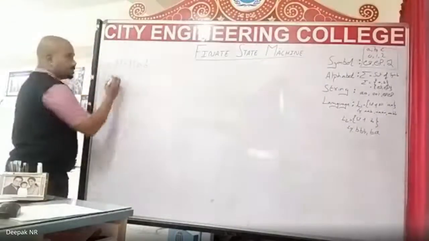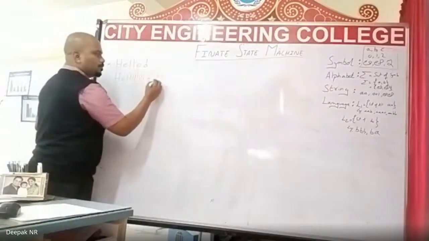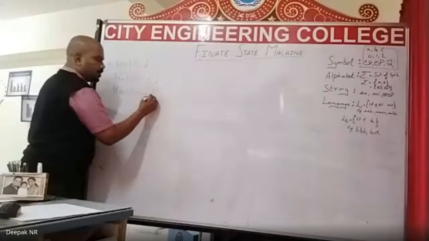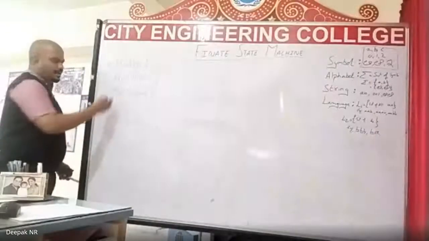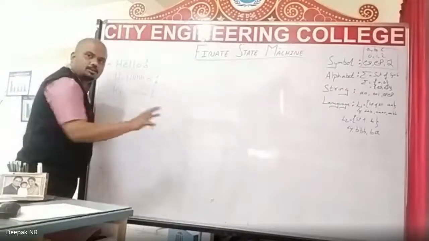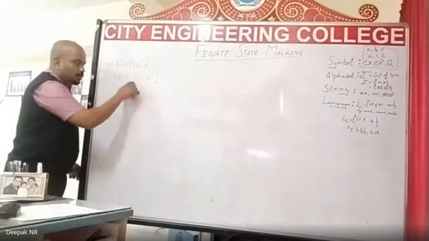The next one is HELLO with more Ls, and the next one with more Os. Clear? Nothing else occurs; the only things which occur are L and O, which can repeat infinitely.